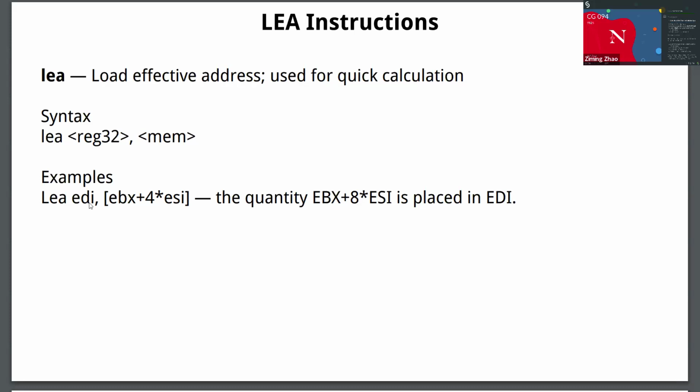What we are doing basically is this calculation: EBX plus 4 times ESI, and move the result of this, not the memory at this address, just the result, to the register EDI. So it's actually for a quick calculation.